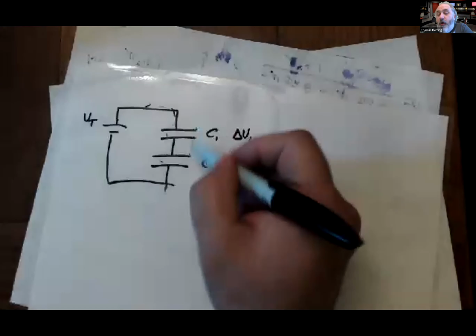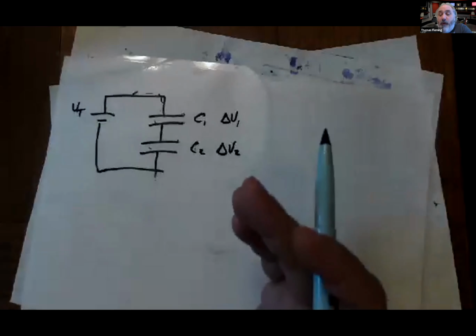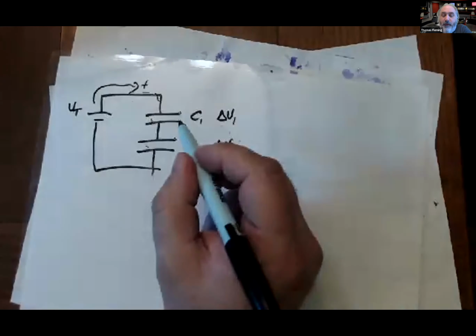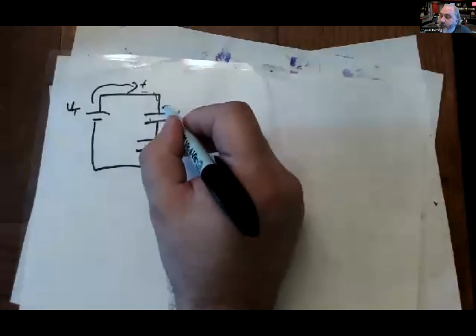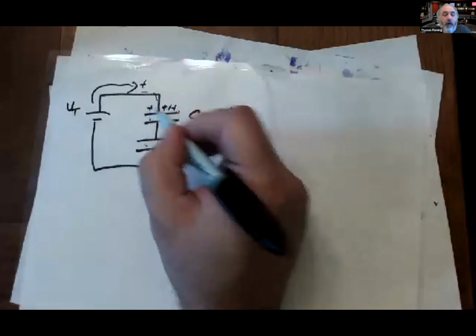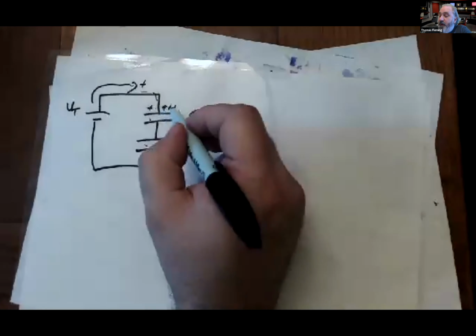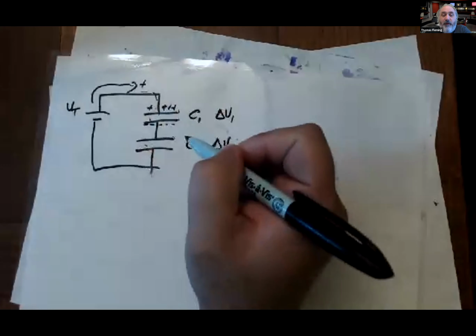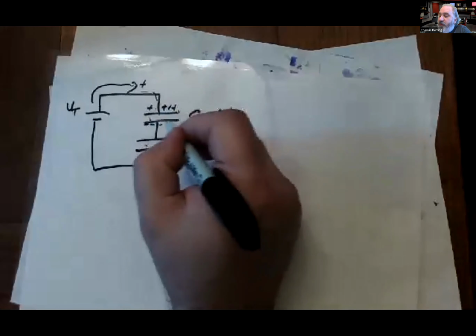Now, there's charge on those plates. Where did the charge come from? Well, when I hooked the battery up, charge flew out, so I had positive charge flowing out. It accumulated on the top capacitor. It drove positive charge away from the bottom part of that capacitor. But where did that positive charge go?